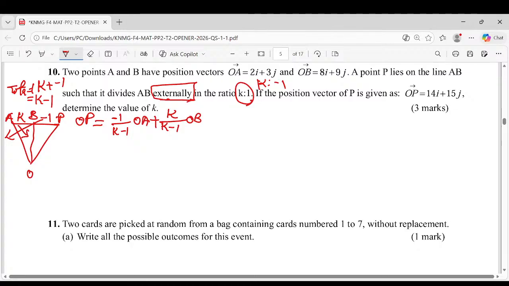That's going to be 14, 15 as a column vector, equivalent to -1 over k minus 1 into OA, which is 2, 3, plus k over k minus 1 into OB, which is 8, 8.